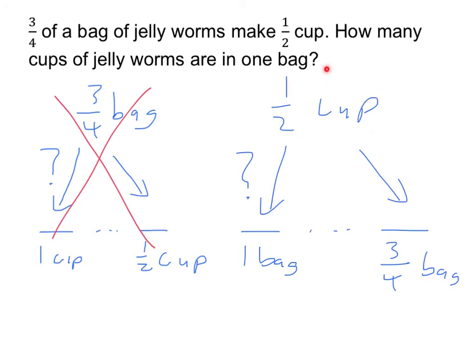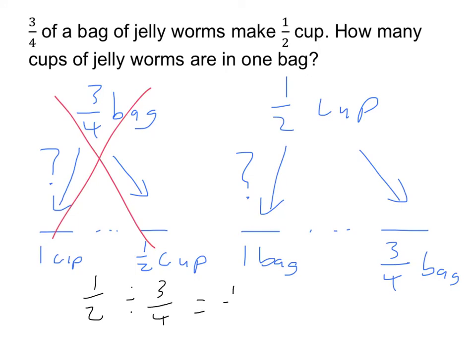Okay, so let's look at what this picture says. This says that 1/2 of a cup of jelly worms go to a total of 3/4 of a bag. Well, that's what our problem says. Then our picture is asking how many cups are going to go into one whole bag. And that's exactly what we want. So this picture here makes sense. This picture tells us that this is a how many items in a group type of problem, and so we can solve this by taking our number at the top, 1/2, and dividing it by the total number of groups that we have at the bottom, 3/4.